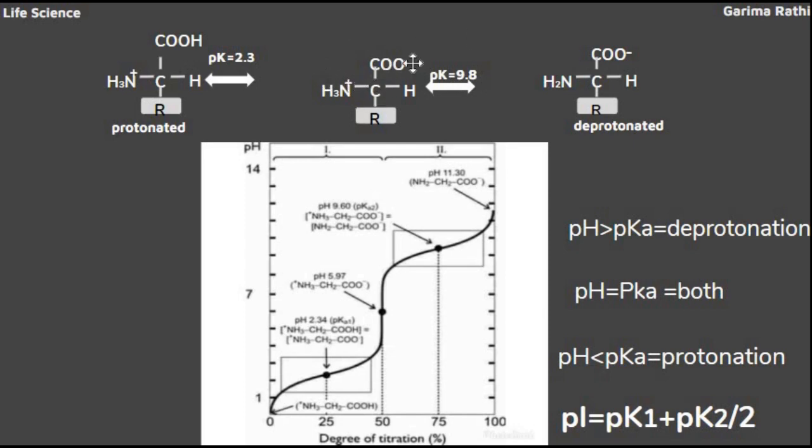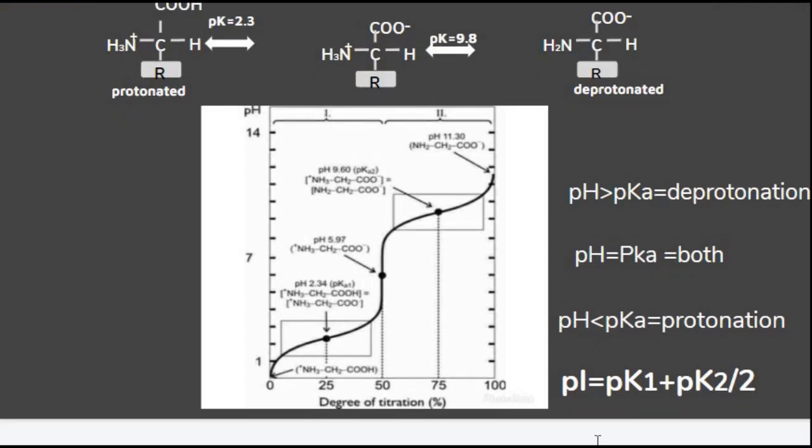That will be 0, because the plus charge and minus charge get cancelled out. On proceeding further and reaching a pH value of 9.8, what will be the net charge? At a high pH value, all amino acids are present in the deprotonated form. So what will be the net charge? That is -1.